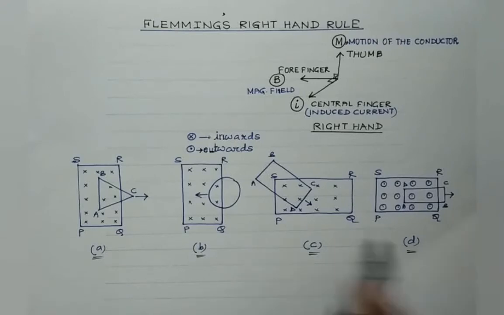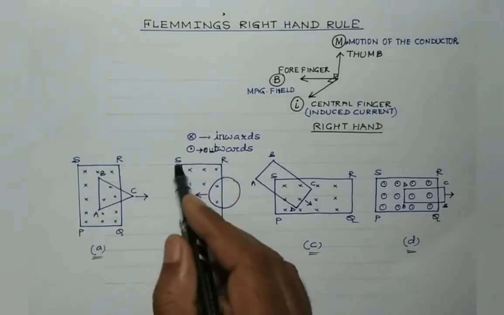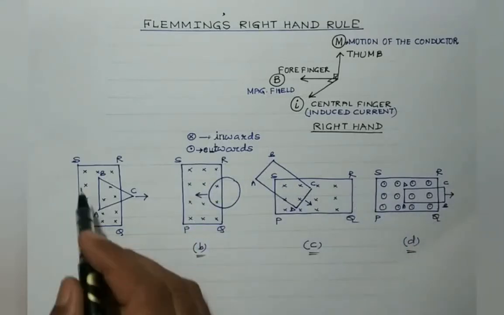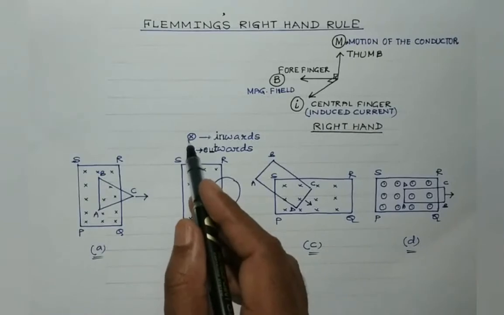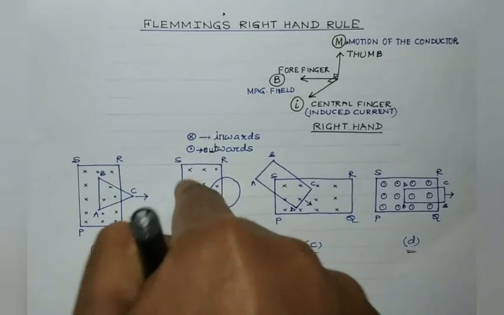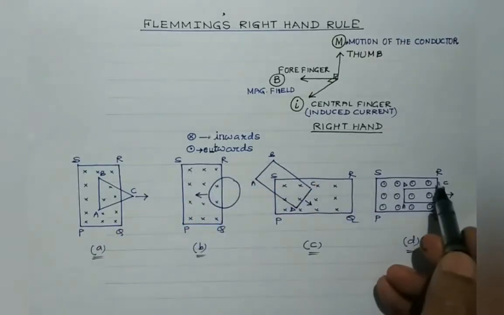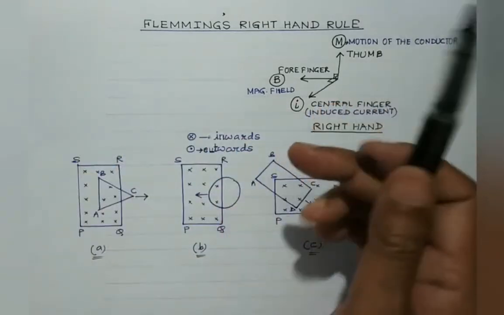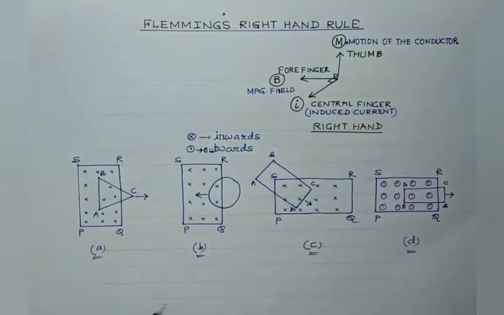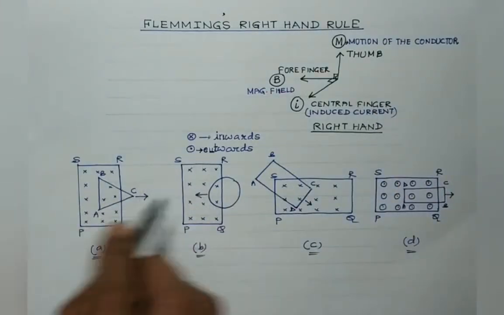In all 4 cases, PQRS is a region of uniform magnetic field where the cross symbol indicates the direction of the magnetic field perpendicular to the plane of the paper and directed inwards, and the dot represents the magnetic field perpendicular to the plane of the paper and directed outwards.